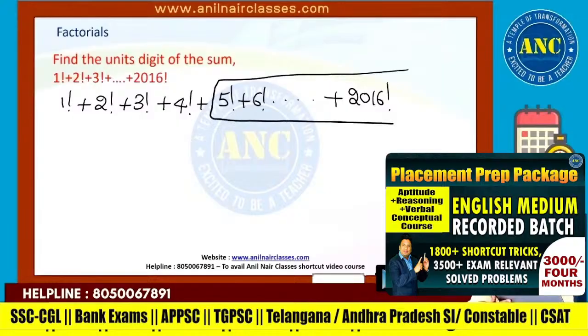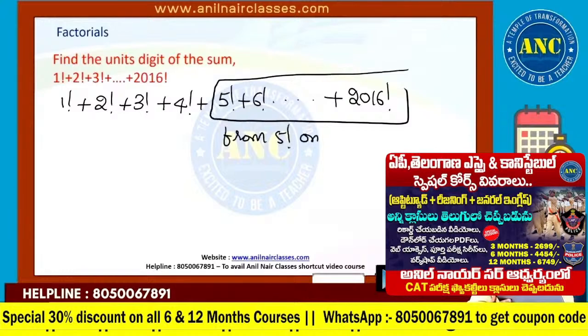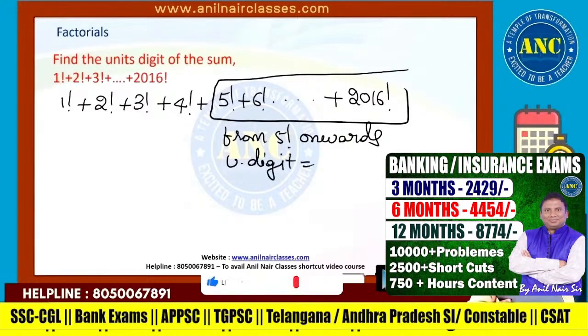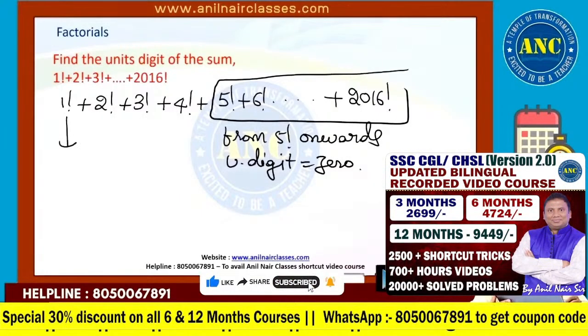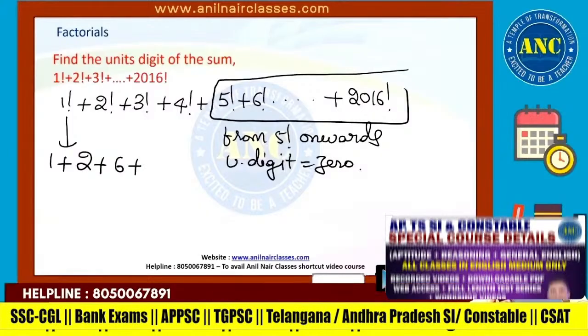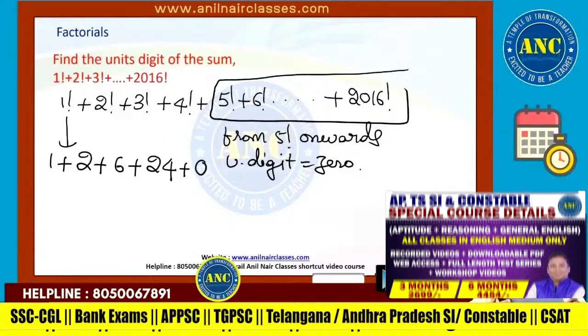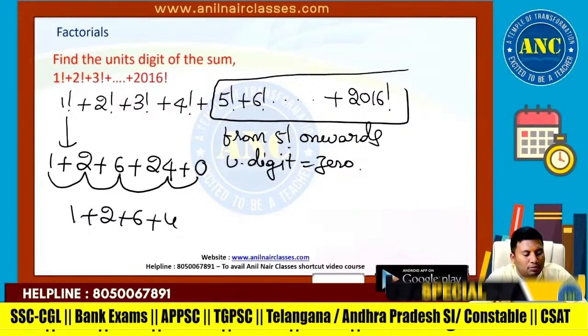The previous question's concept can be used here. From 5 factorial onwards, the unit digit is 0. That means 1 factorial is 1, 2 factorial is 2, 3 factorial is 6, 4 factorial is 24, and after that it is 0. So 1 plus 2 plus 6 plus 4 plus 0.